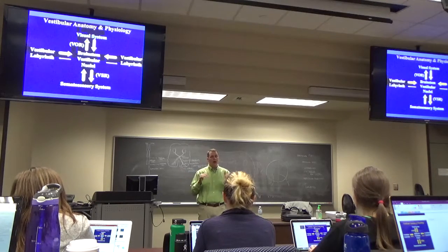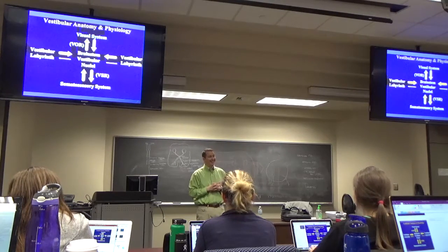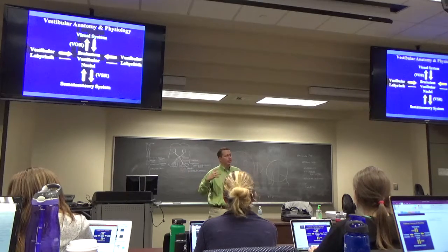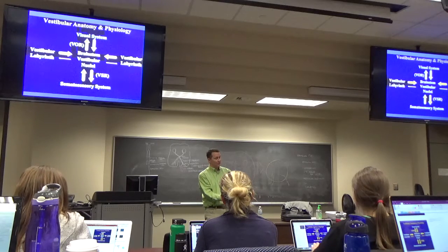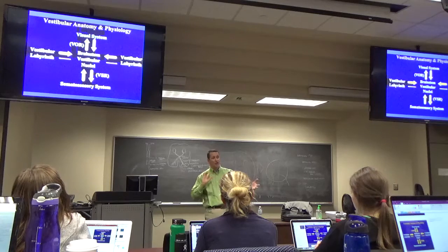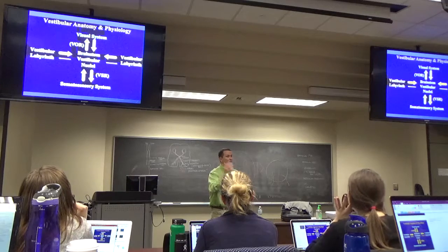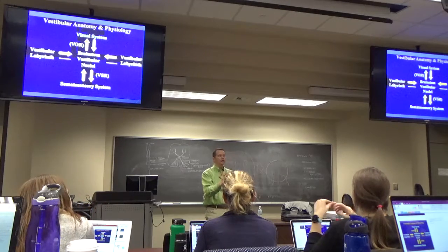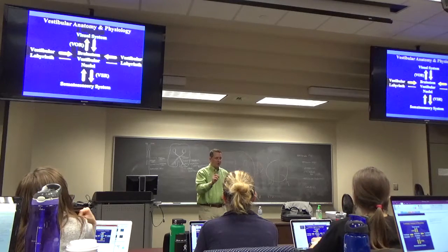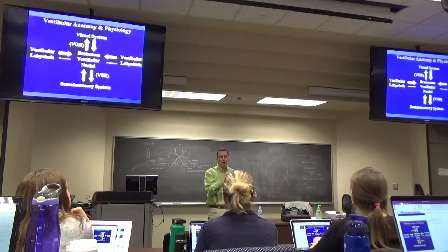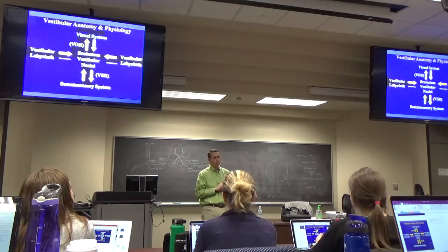So I can move your eyeballs without you wanting to move your eyeballs. Yeah, I can. And I can do that by injecting hot or cold water in your ear, which affects the horizontal semicircular canal and causes that fluid to move inside the semicircular canal, which physically moves the ampulla connected to that horizontal semicircular canal, which causes a neural impulse to go from the ampulla straight to your eyeball, and your eyeball will go over there because it's hardwired to do so.